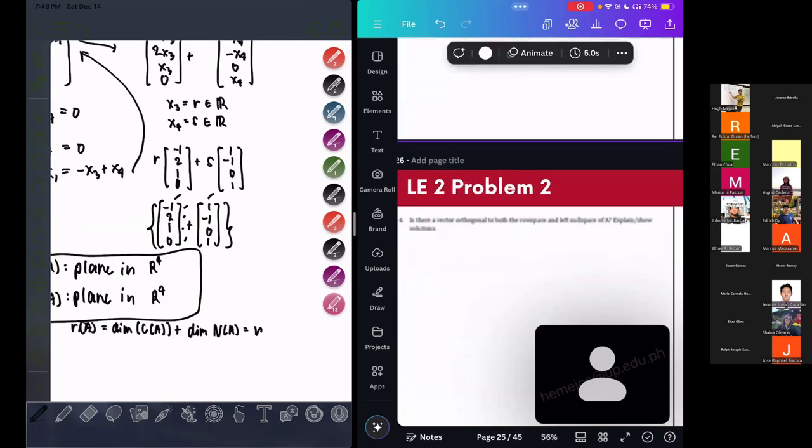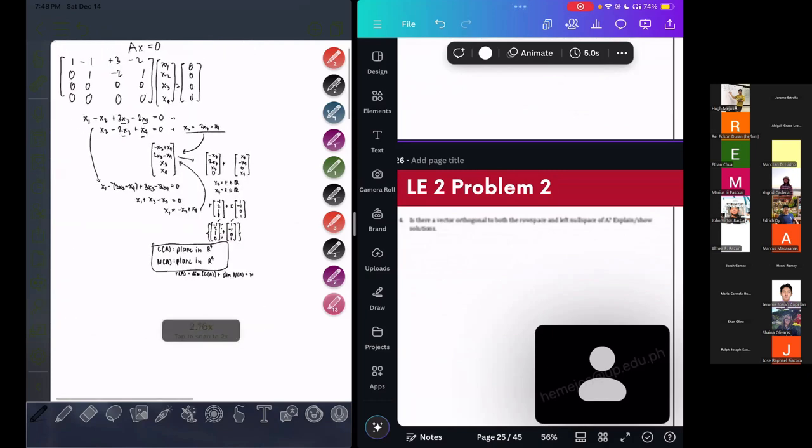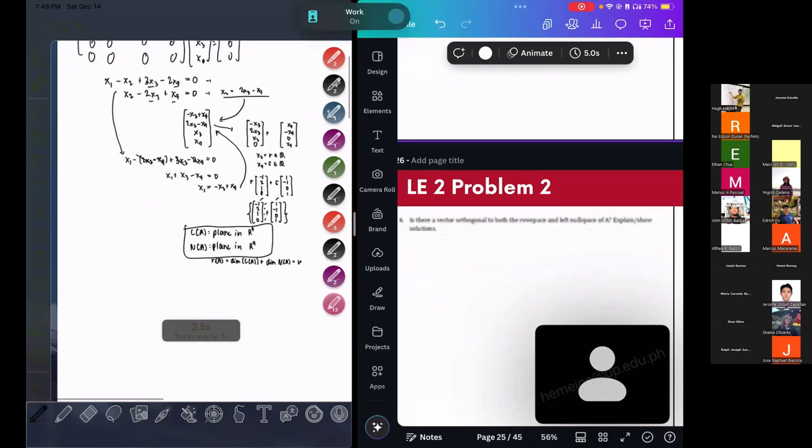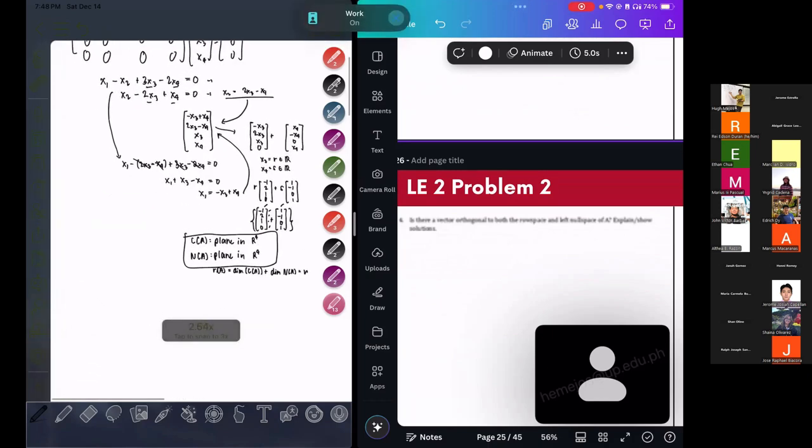The last one naman is: is there a vector orthogonal to both the row space and the left null space of A? Explain or show the solution. Here naman, it's again the concept we used kanina, we can use it here again. This is actually a trick question.